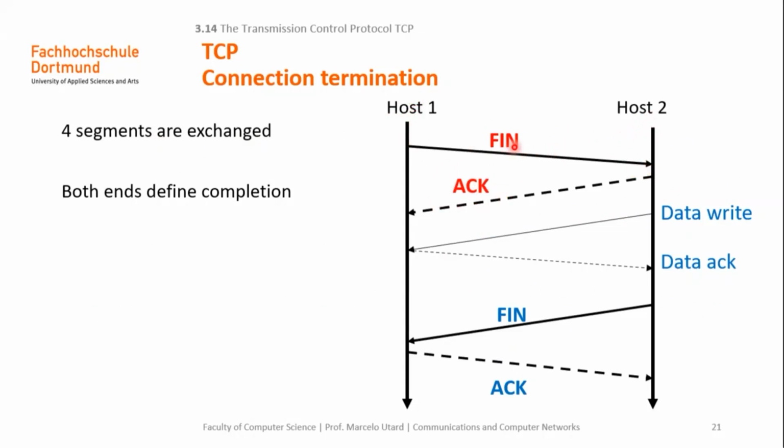Here we could add, for instance, typically the sequence number of this segment. Then with the acknowledge, we need to establish the acknowledge number in order to indicate that we are confirming the correct reception of this segment. In this way, the data flow from host 1 to host 2 is closed, but in fact it is a half close.